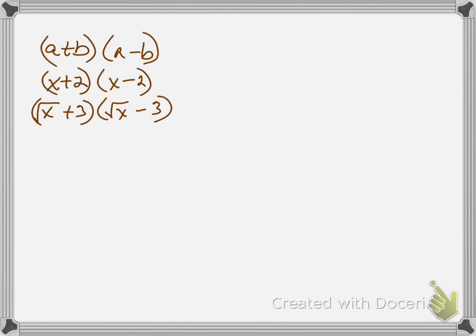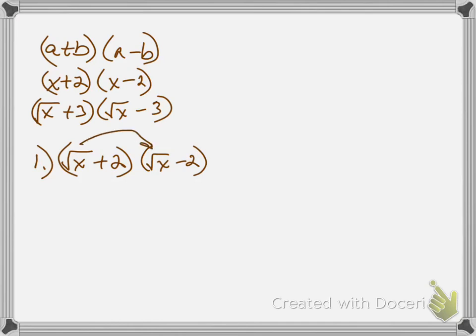Okay, the first one we have on our notes is the square root of x plus 2 times the square root of x minus 2, right? Do your FOIL method. So you have the square root of x times the square root of x, gives you the square root of x squared. Then you do your outer, you get negative 2 square root of x. You do your inner, you get positive 2 square root of x.